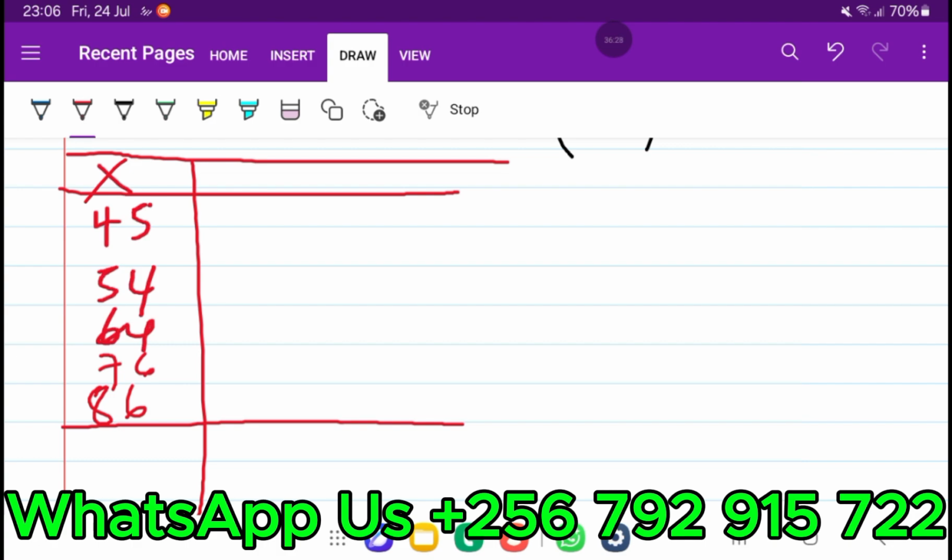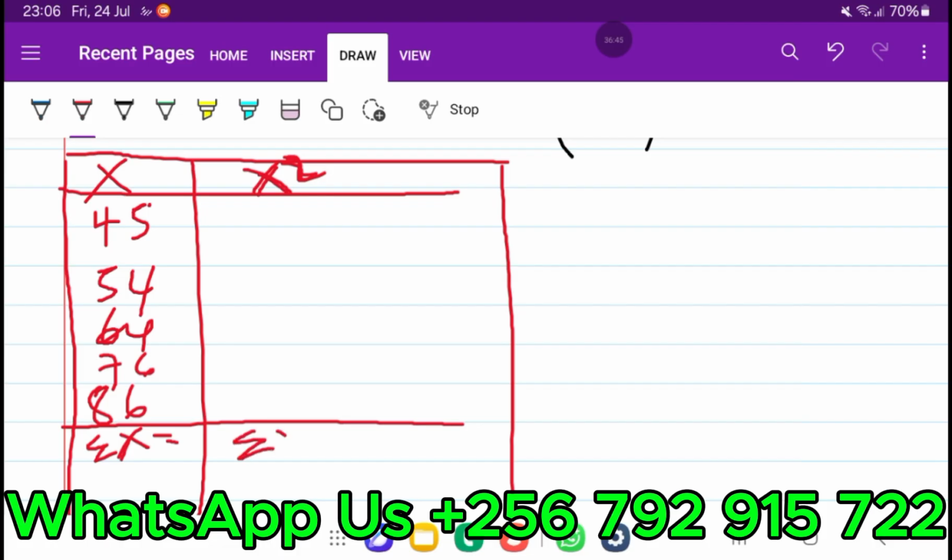Now here we are going to get x squared. This is summation x equals, then summation x squared equals. Now we start computing. The 45 squared is giving us 2025.